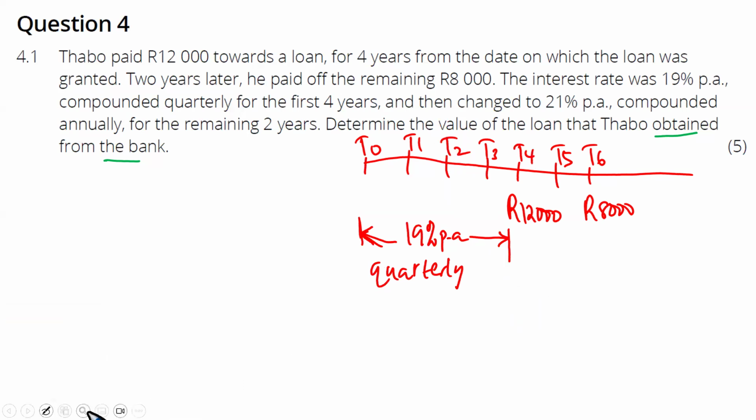And then it changed to 21% compounded annually for the remaining 2 years.